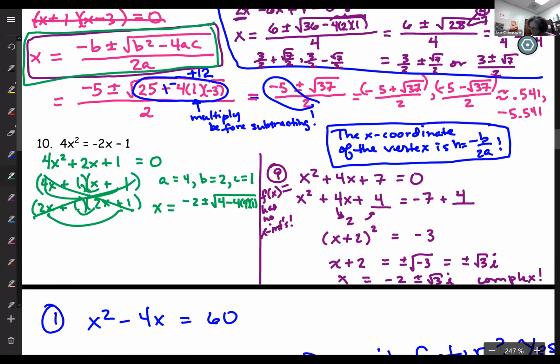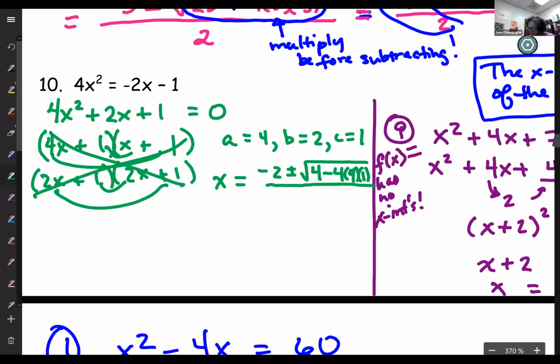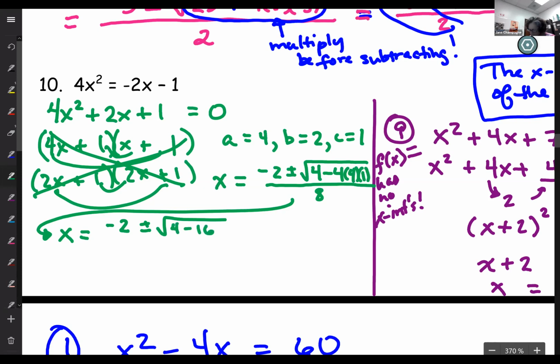Let me make that a little bigger. So let me go over here. x equals -2 plus or minus... 4 times 4 is 16. 4 minus 16 is what we have under the radical.